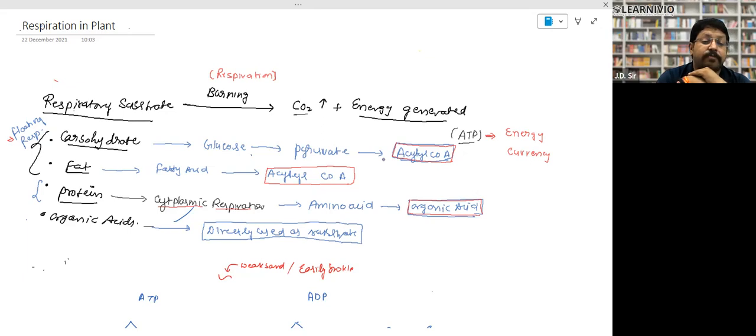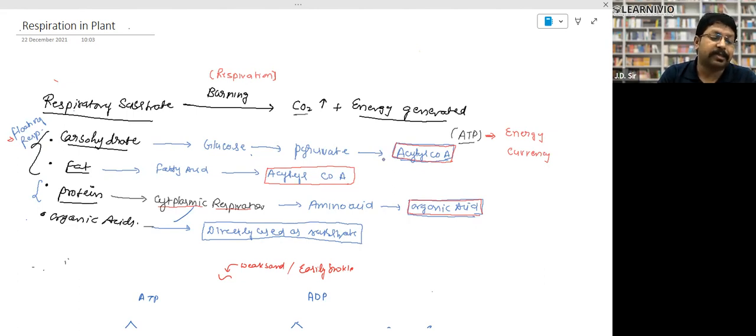As a respiratory substrate inside our cell, if carbohydrate or fat is burning, the burning of these two is called floating respiration. Now what will happen if protein burns? This is called cytoplasmic respiration. This question has been asked. Burning of protein is called cytoplasmic respiration, because if protein is burning, it means your protoplasm, your cytoplasm, is burning.